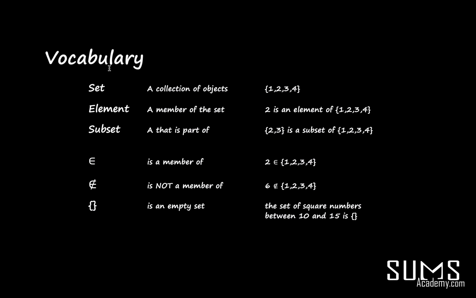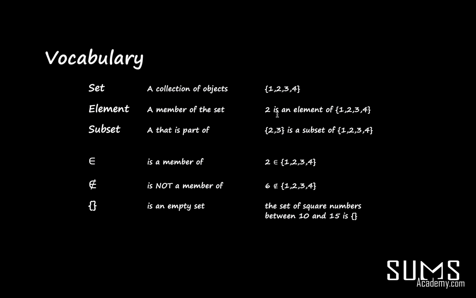So, a bit more vocabulary. When someone says a set, it means a collection of objects. It could be a collection of numbers, so 1, 2, 3, 4, but it could also be a collection of people, like people in a room. Then you talk about an element of a set. We say here that 2 is an element of the set 1, 2, 3, 4.